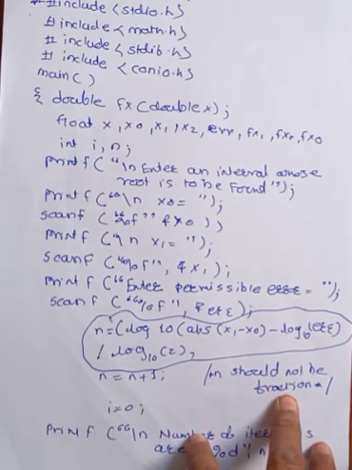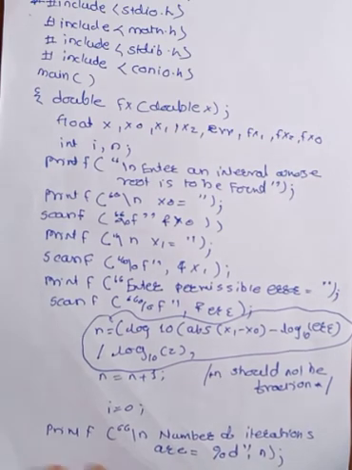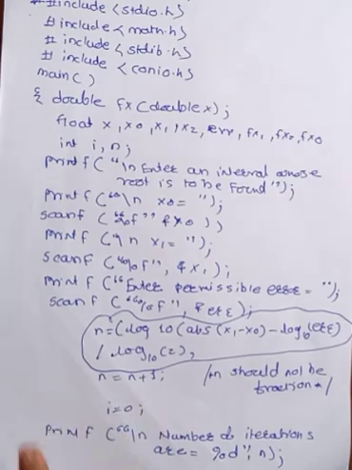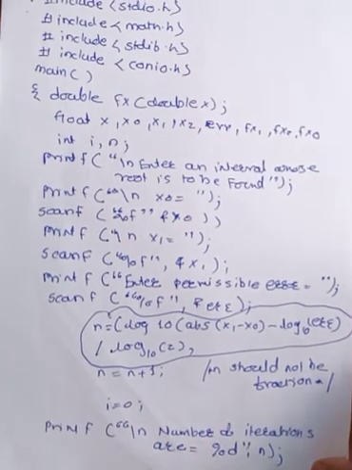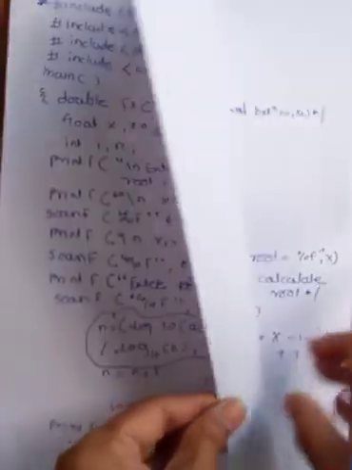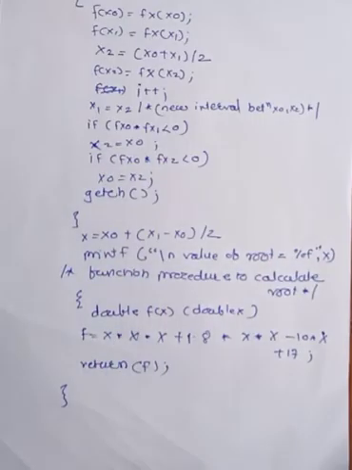Okay, as it is an iteration step, it should not be a fraction. i is equal to 0. It is defined there, the value of i is 0. Now the number of iterations message will be printed on your screen. You have to put the value of n and that value can be taken in your program.